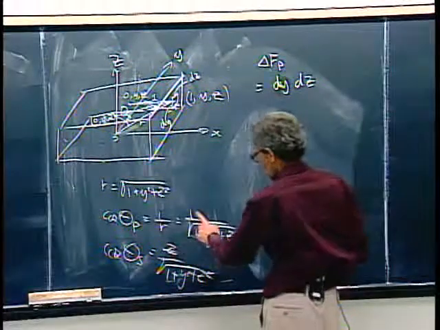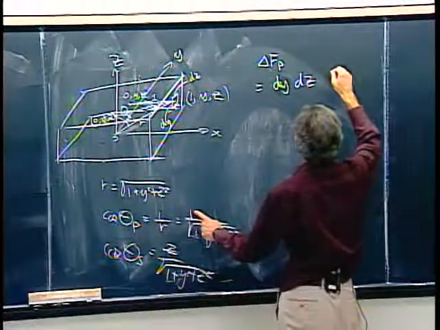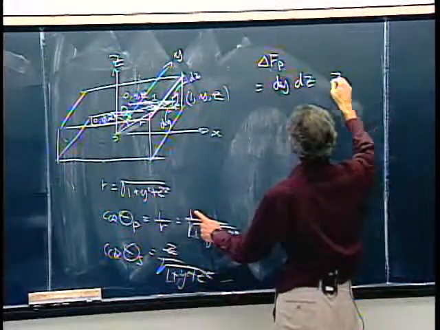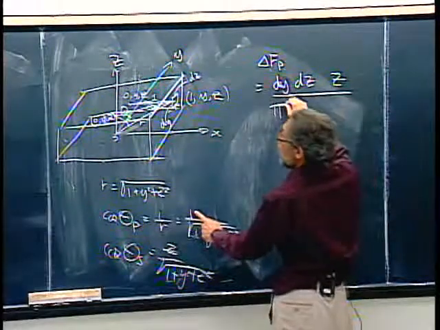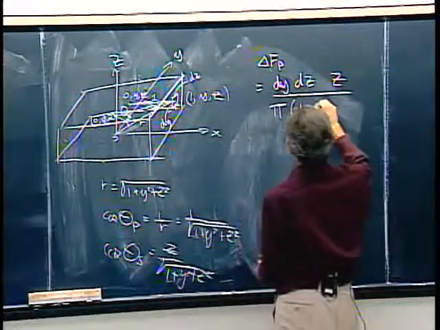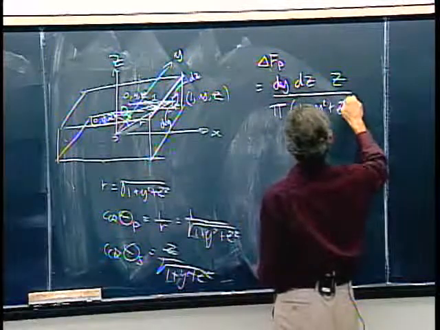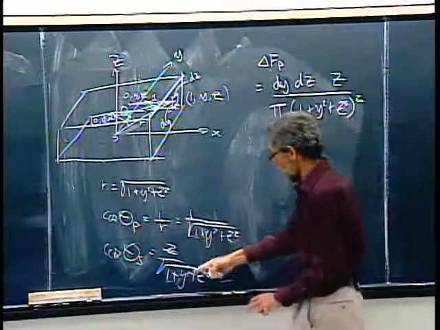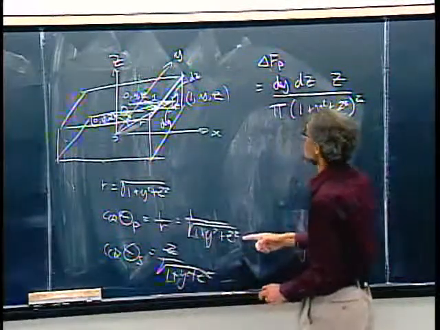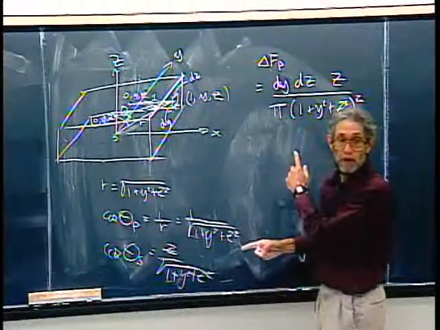I have a z and a 1, so I'm going to get a z here, and now I'm going to have pi times 1 plus y squared plus z squared squared. 2 of the square roots from here, and 2 for the 1 over r squared.